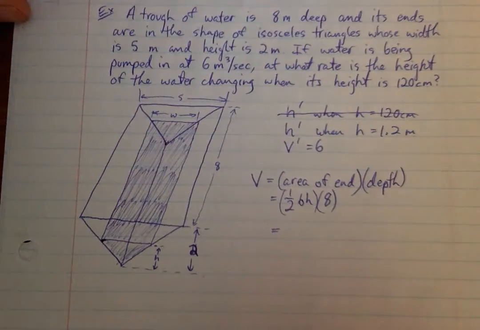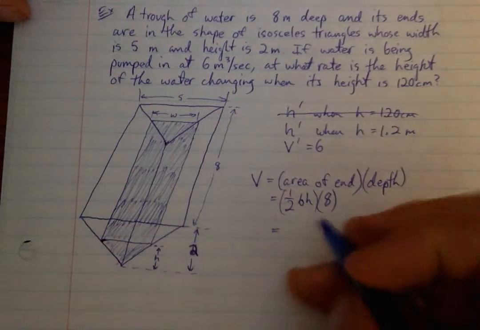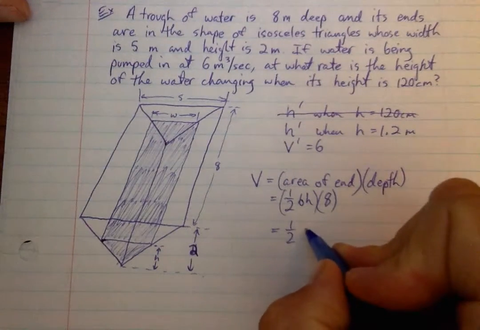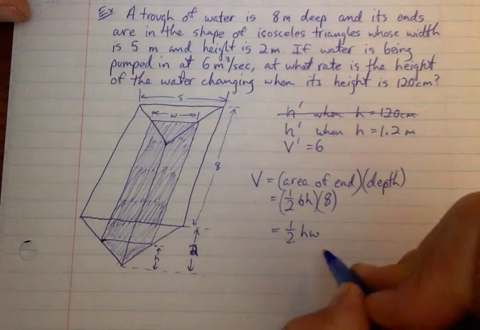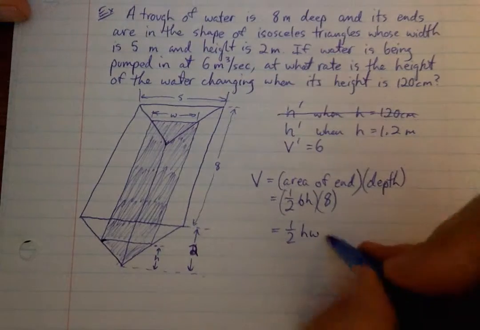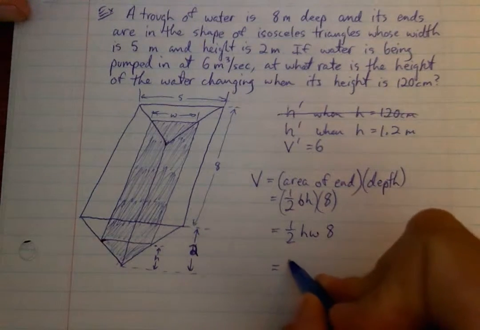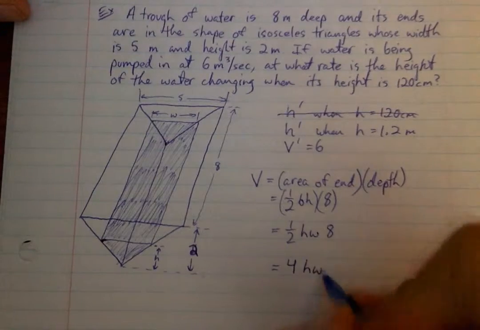All right, so 1/2 base times the height, that's just 1/2 HW, right? Because we have the width and we have the H. Those are the ones we're concerned about. And we got the 8, so that just turns into 4HW.